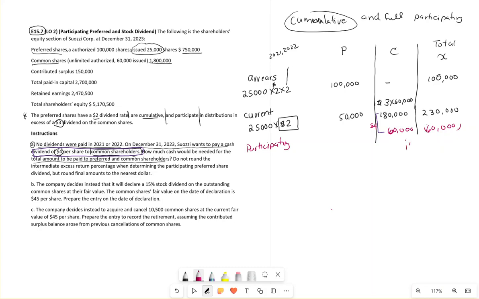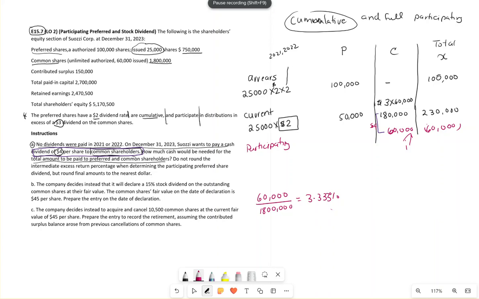We want to know what proportion we give to them according to their ownership. If I look at it, we paid them 60,000 and the ownership of common shares will be 180,000. And what percent did we give to them? We gave them 33.33%.